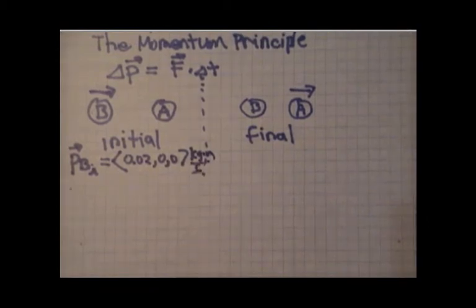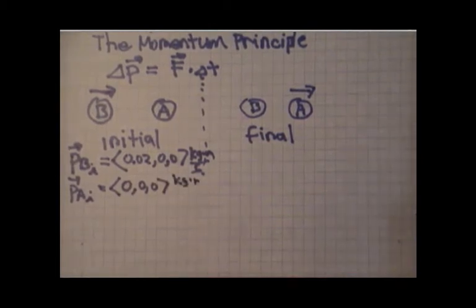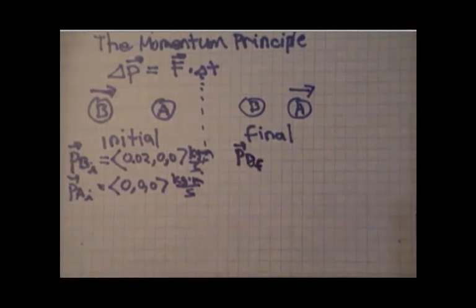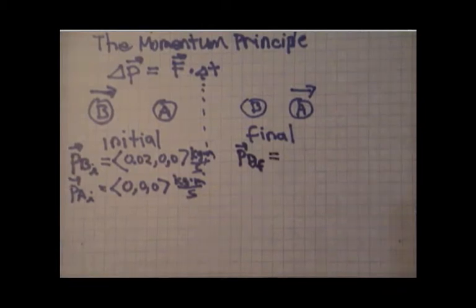And ball A initially, of course, is stationary, so that's easy. All three components of its momentum are 0. After the collision, it's ball B that is stationary. So in the final state, we're going to call ball B's momentum in the final state P sub B sub F, and all three of ball B's components are 0 in the final state.